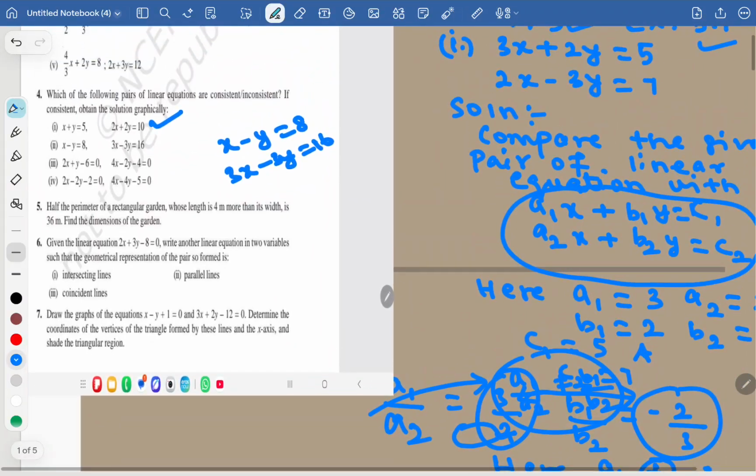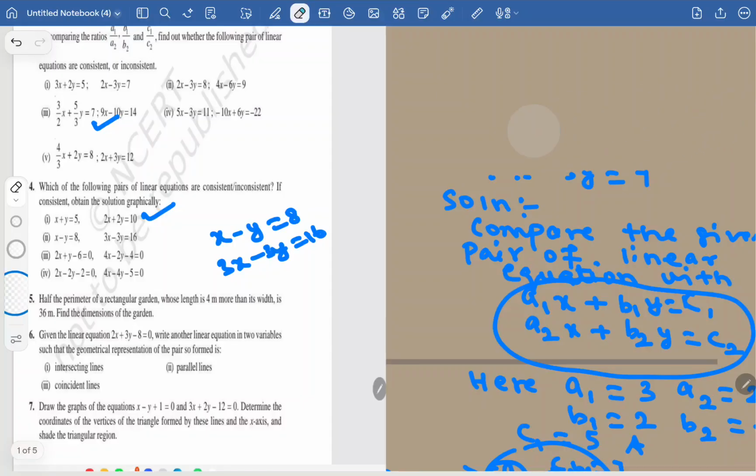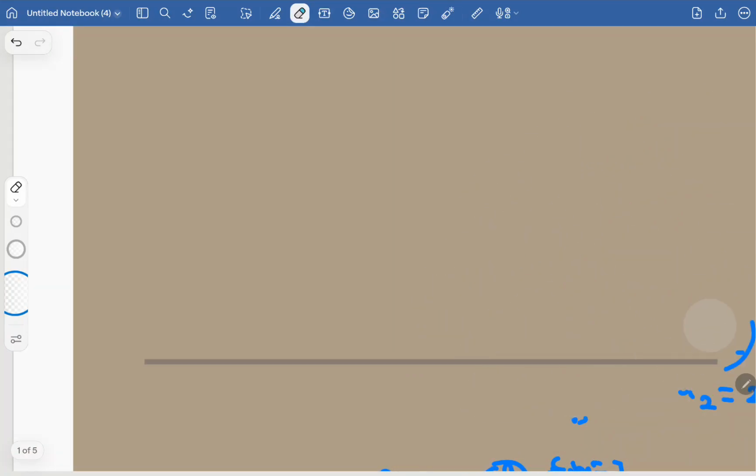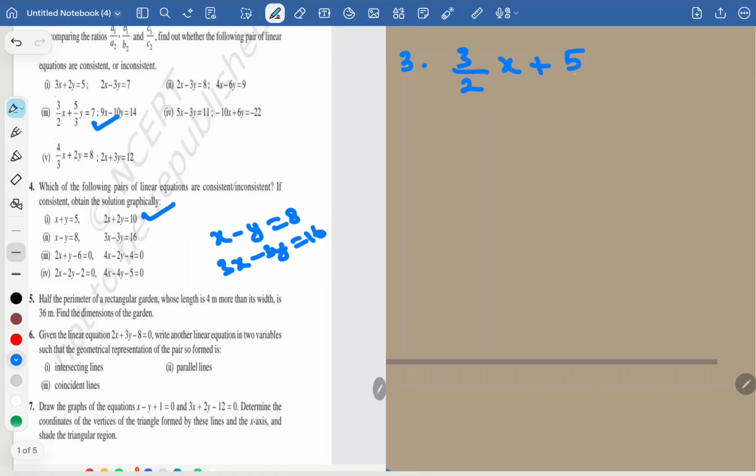Yes, this is the third one: 3 by 2 of x plus 5 by 3 of y equal to 7, 9x minus 10y equal to 14.